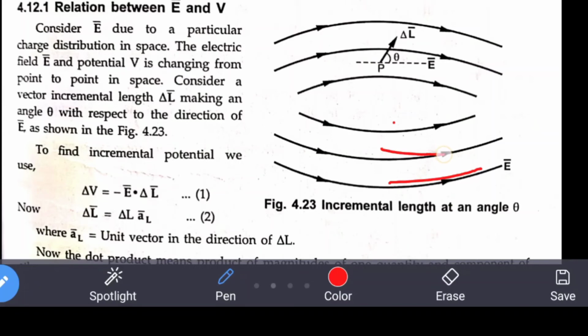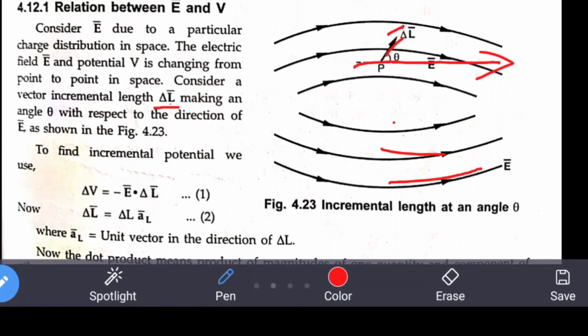Due to that charge, the electric field produced is E bar, and the potential V changes from point to point in free space. Consider a vector incremental length delta L, making an angle with respect to the direction of E bar. Suppose the direction of E bar is in this direction, theta is the angle between delta L and E.